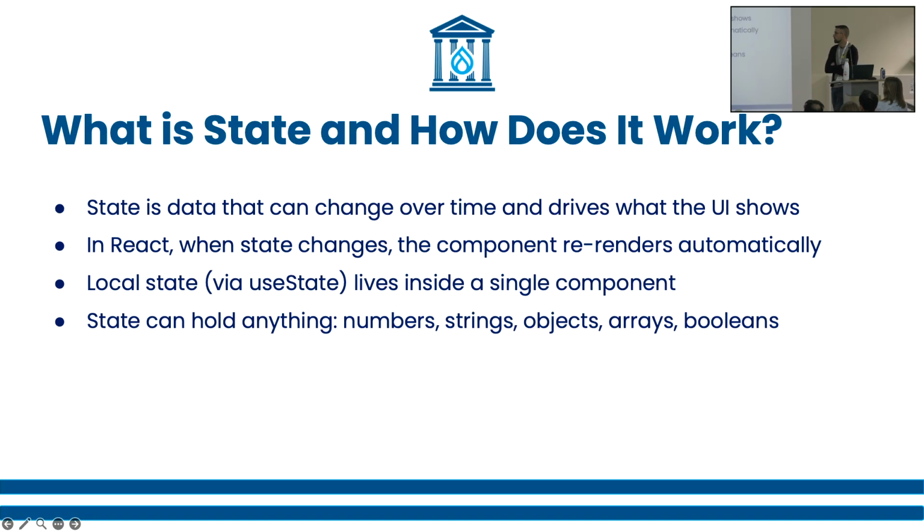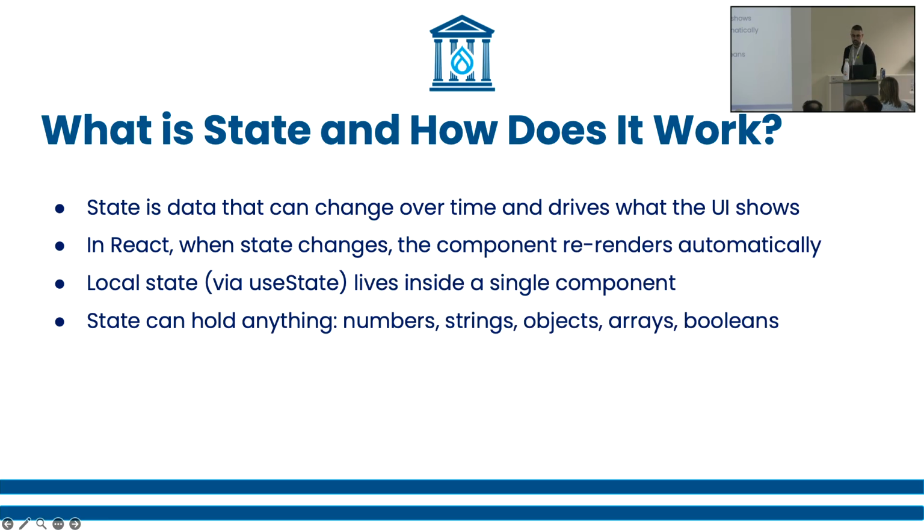Okay, let's talk about state. State is data that can change over time and drives what the UI shows. Think of it as a variable that React watches. When it changes, the screen updates. For example, a counter going from 0 to 1 is a state. It changes and the UI needs to show that.